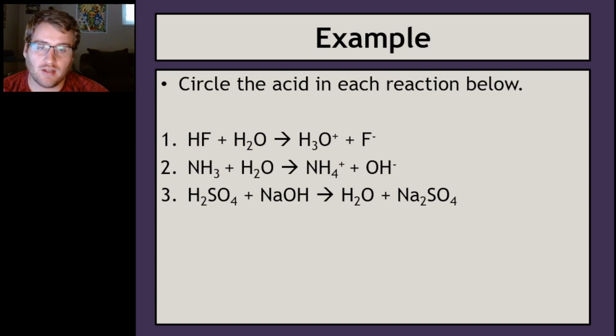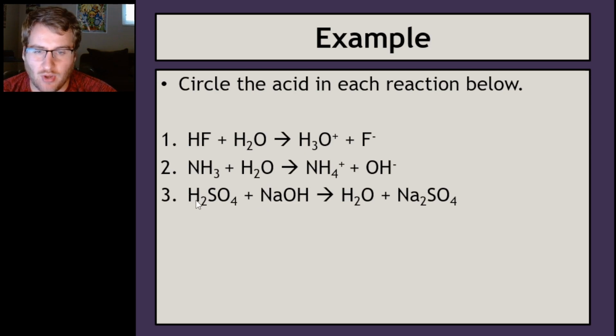And number 3, we have H2SO4, which starts with an H, a good sign that it's probably an acid, plus NaOH, making H2O and Na2SO4. This reaction is a little bit different than the top 2. This is a neutralization reaction. H2SO4 is reacting with this base, and these work like a double replacement reaction.